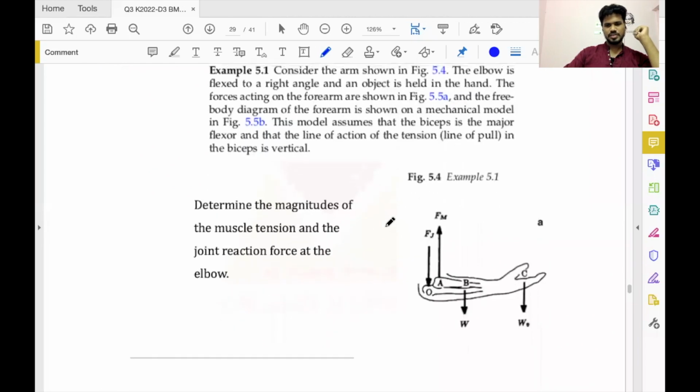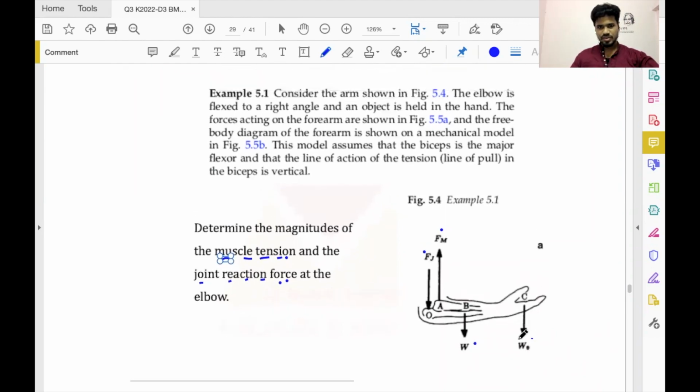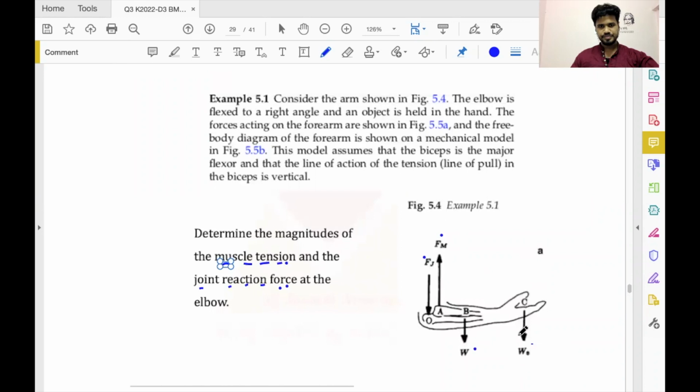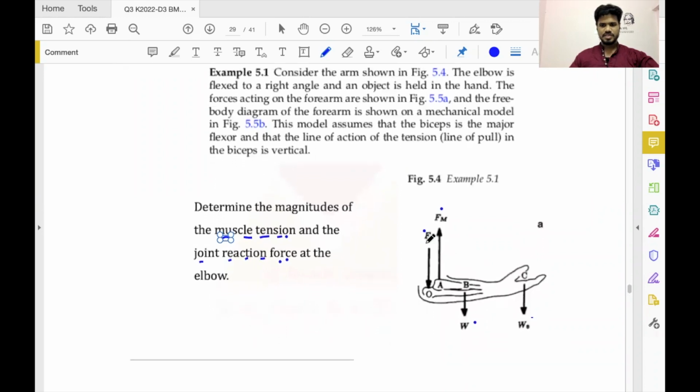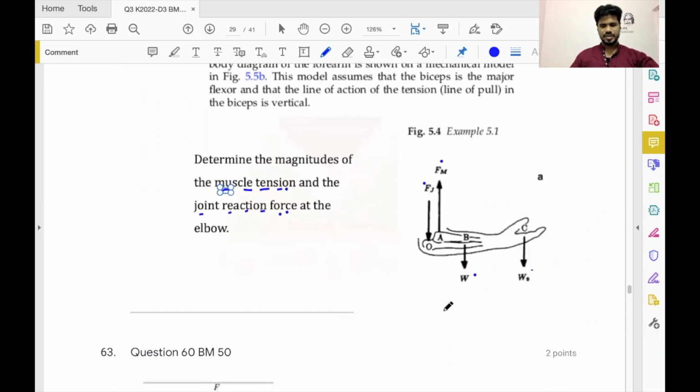Let's presume some distances, muscle tension and joint reaction force. We need to find Fj and Fm. I suppose W is W naught. Let's say all these are given. Let's do this symbolically.